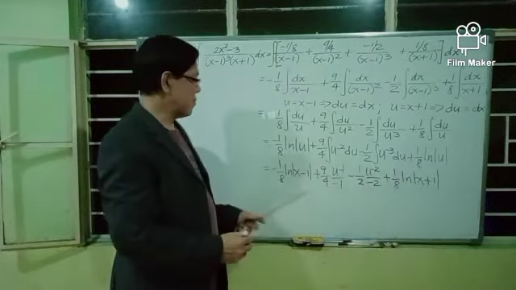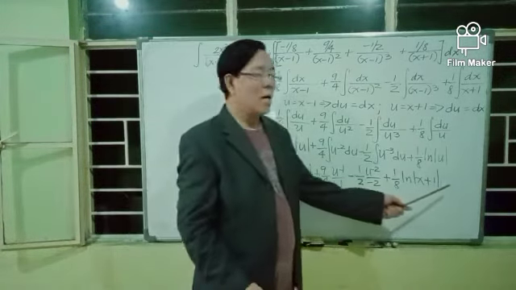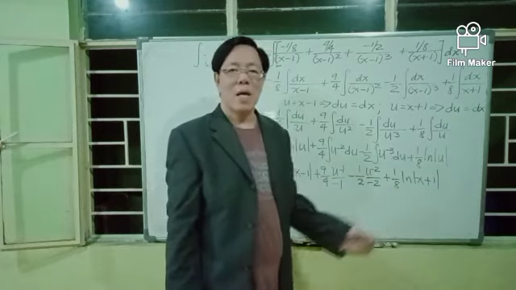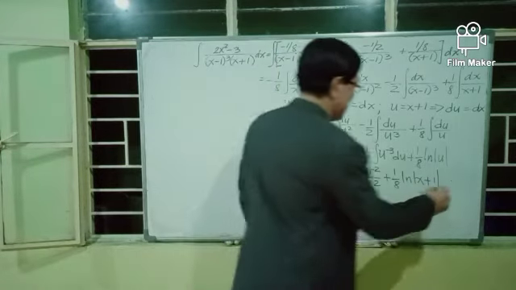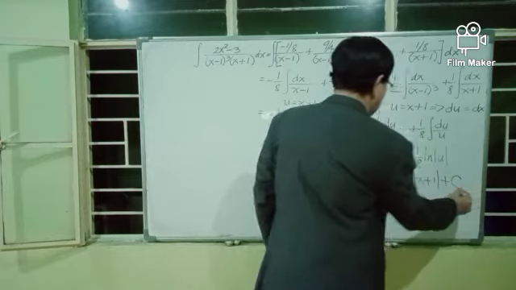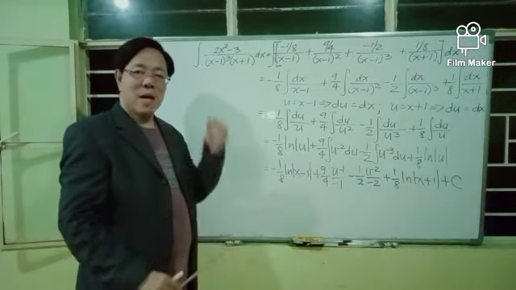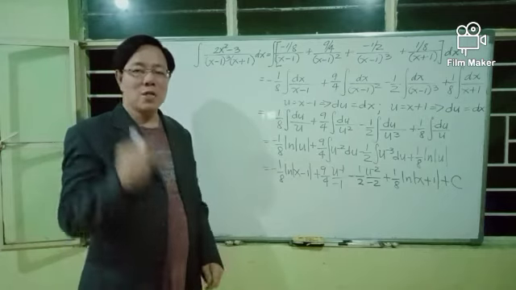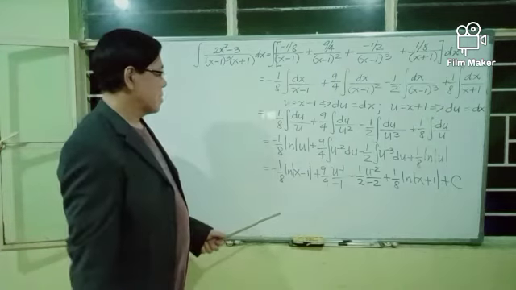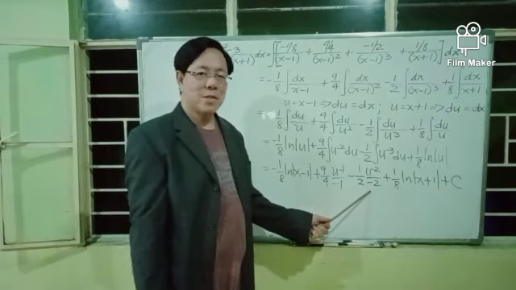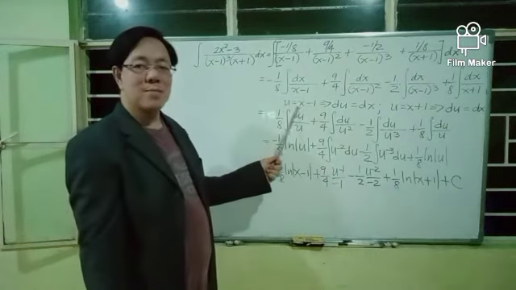Since we have integrated all the terms, we now write the constant of integration at the last term. And we bring back the answer to the original variable x for the second and the third term, where u is equal to x minus 1.